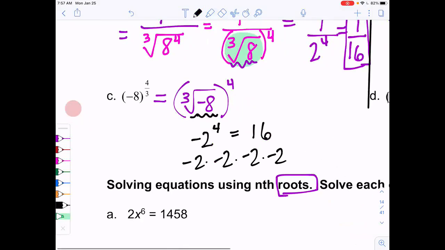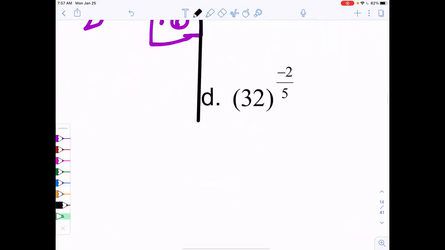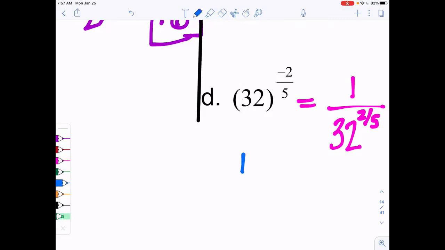So there's one more like this one. See if you can do letter D. So it has a negative exponent. Watch that negative exponent. Rewrite it. So the first step would be to write it as a positive exponent and then change it to radical form. So the denominator is the index.